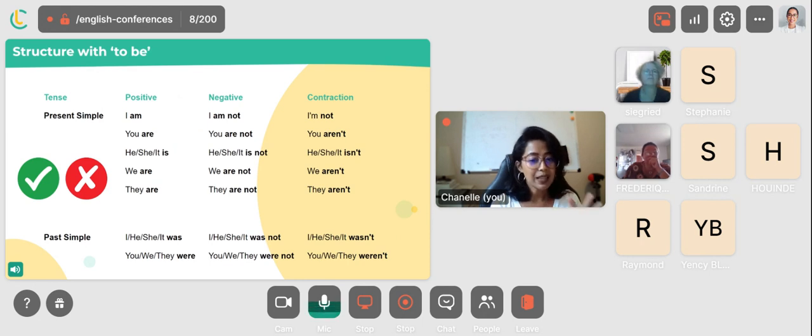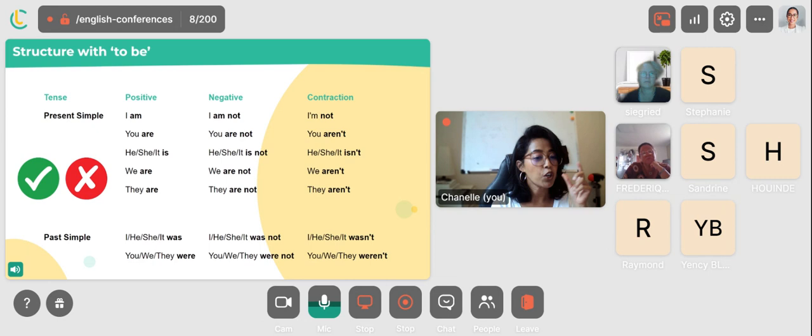So with the structure to be, we can see the positive. I am, you are, he, she, or it is, we are, and they are. But my negative is I am not, you are not, he or she or it is not, we are not, and they are not.